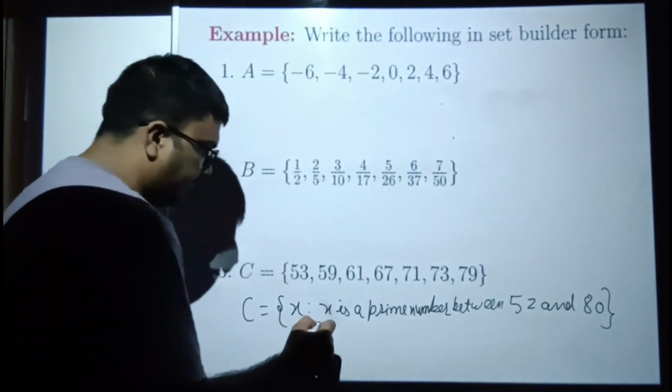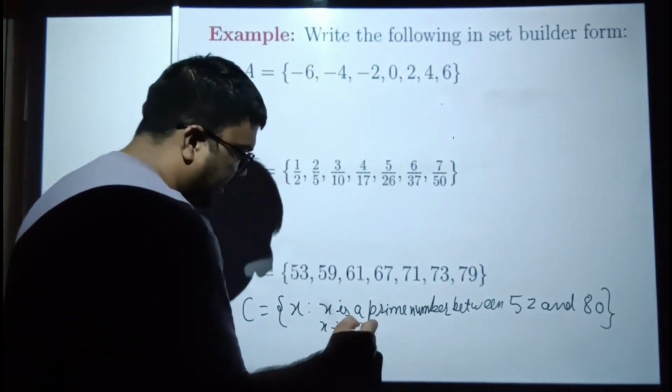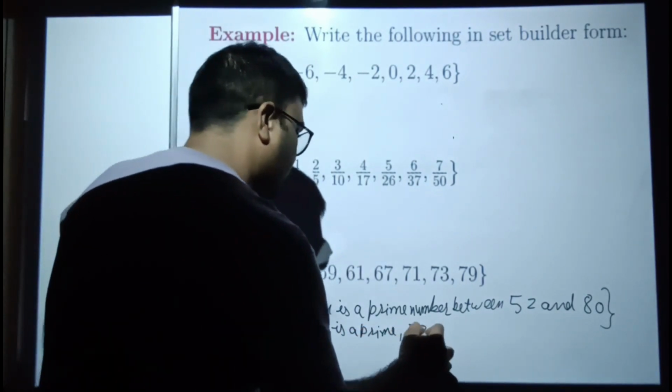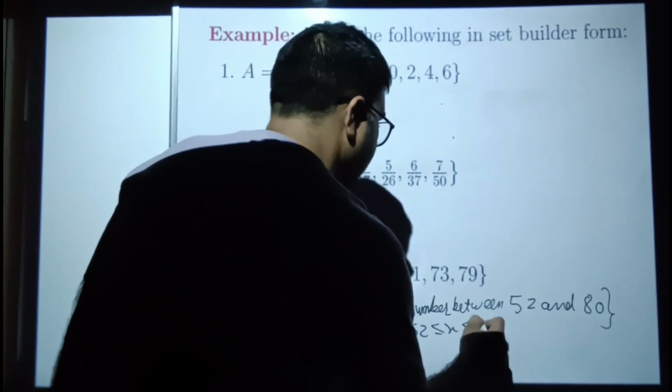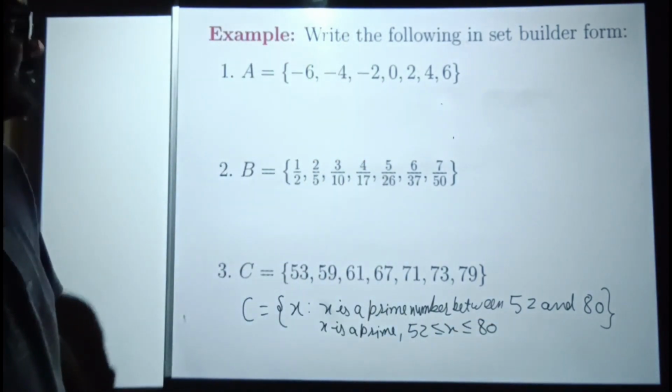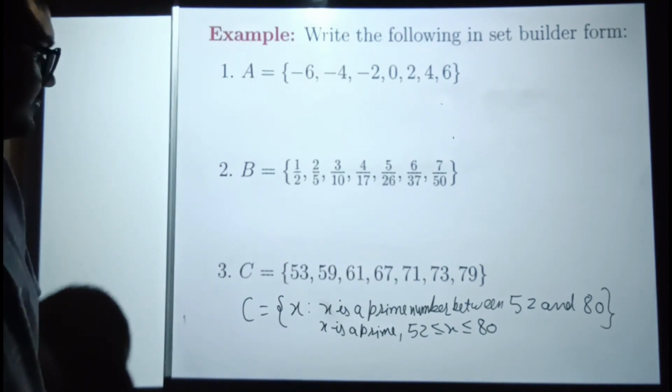Or you can write x is a prime and 52 is less than or equal to x is less than or equal to 50. So you can use any of these methods to write this set.